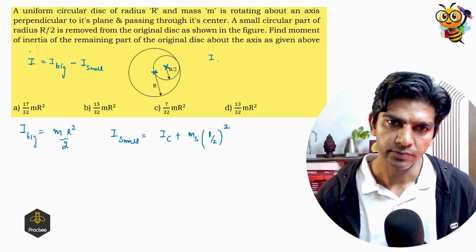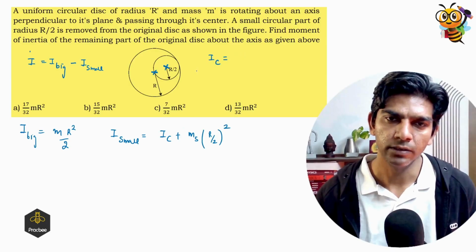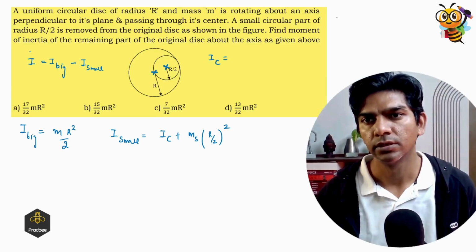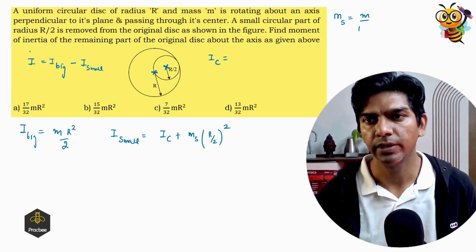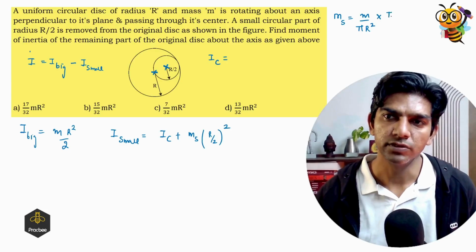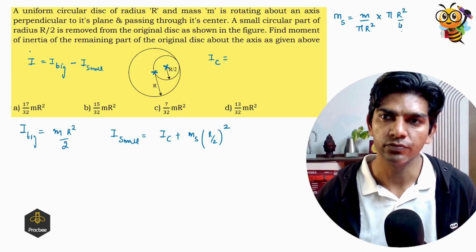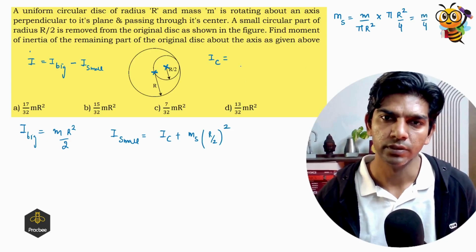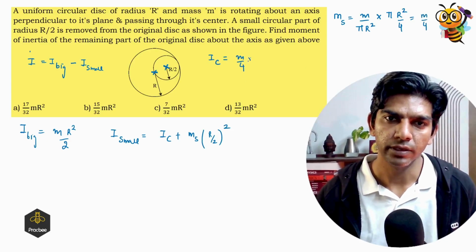So what is I_C? First let us find the mass of the small disk. Mass of the small disk will be m divided by pi r square, that is mass per unit area, times the area of the small disk, pi r square by 4, so that comes out to be m by 4. So it will be m by 4 times r by 2 square divided by 2.